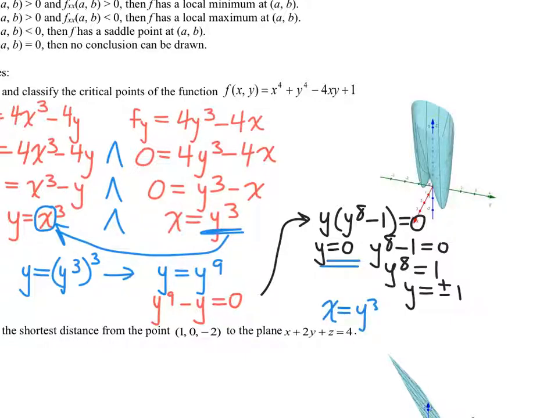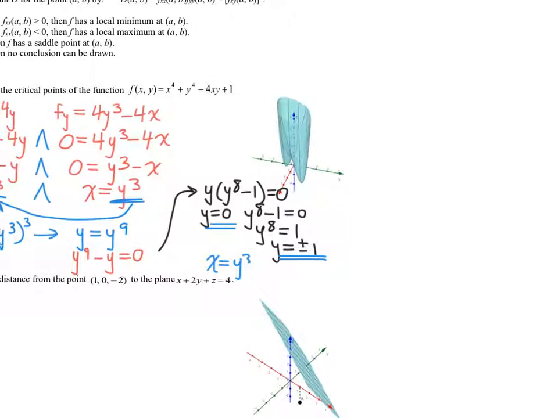So if x is equal to y cubed, and we have these 3 y values, then we would get ordered pairs. If I plug in a 0, I get a 0. If I plug in a 1, I get a 1. If I plug in a -1, I get a -1. And these would all have z values associated with them. But again, instead of plugging and chugging away, well, the first one I can do.